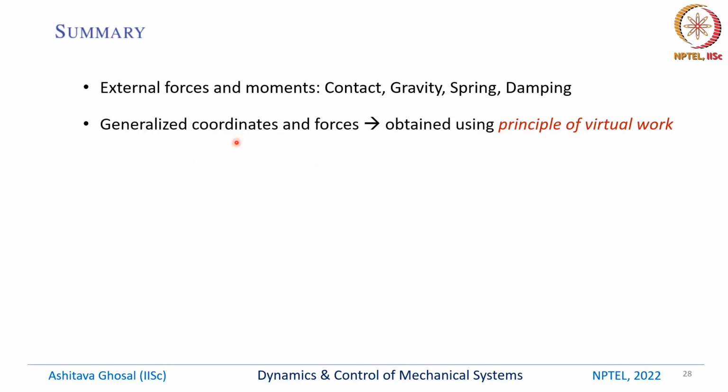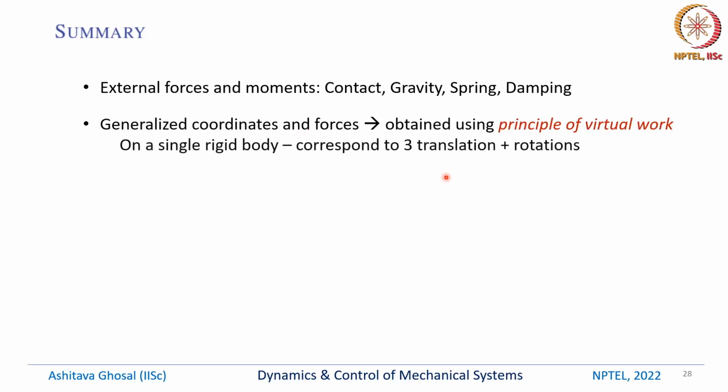Then we looked at generalized coordinates and forces. We choose the generalized coordinates, and the generalized forces are obtained using the principle of virtual work. So the work done by Fx, Fy, Fz and Mx, My, Mz is equal to Q into some delta theta.